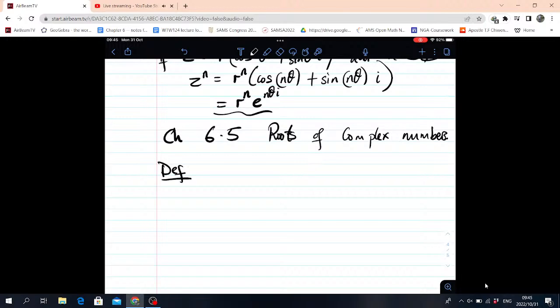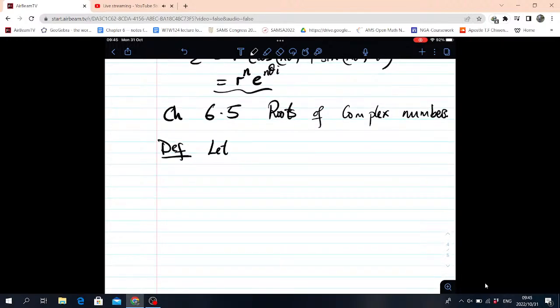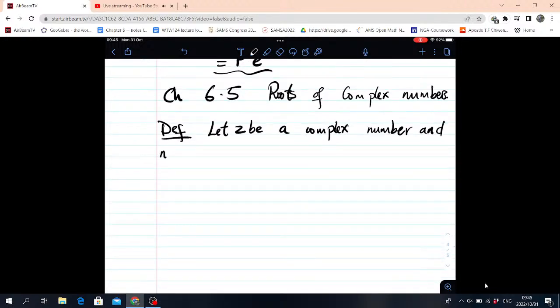All right. So let z be a complex number and n be a positive integer. Right? So we are talking of a natural number here.